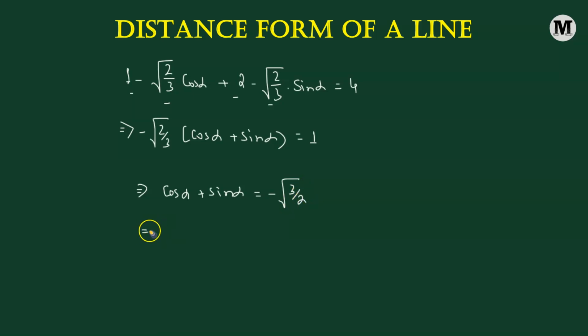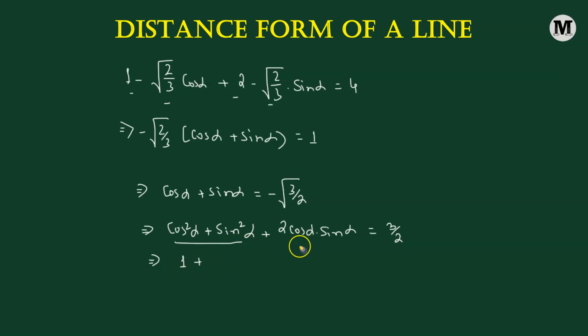Now let's do one thing. Let's square both sides. So squaring both sides gives us cosine squared alpha plus sine squared alpha added to 2 times cosine of the angle alpha times sine of the angle alpha, equal to 3 over 2. Now, cosine squared alpha plus sine squared alpha is an identity, that's 1.